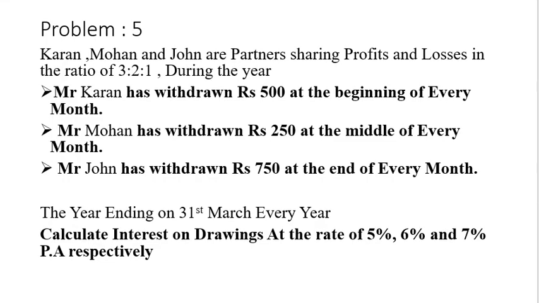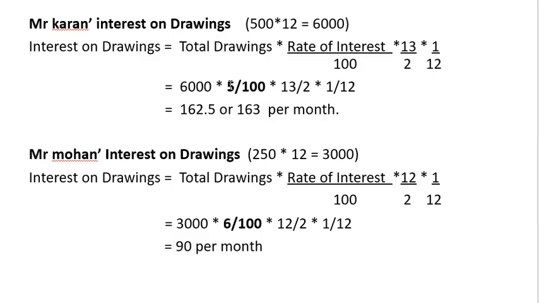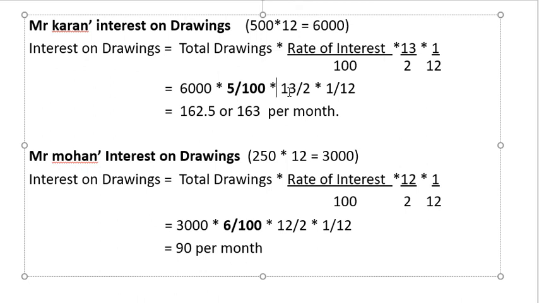So you can see here the rate of interest 5% for first partner. 5 by 100 into 13 by 2 into 1 by 12. Now the answer is 162.50, 162 rupees 50 paise, or you can make it as 163 rupees per month. You can round it. So 163 rupees per month.